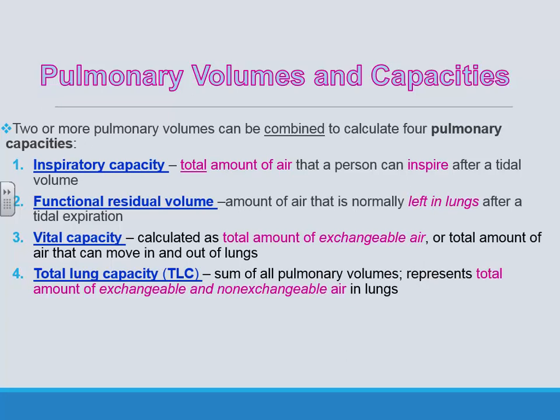They assume and hypothesize that we only use the top 3/4 or less of the exchangeable air. The old stagnant air stays in the bottom third of the lungs, so that air isn't usually exchanged, so that would not be calculated as your vital capacity. And then of course our total lung capacity is all of the volumes summed together.